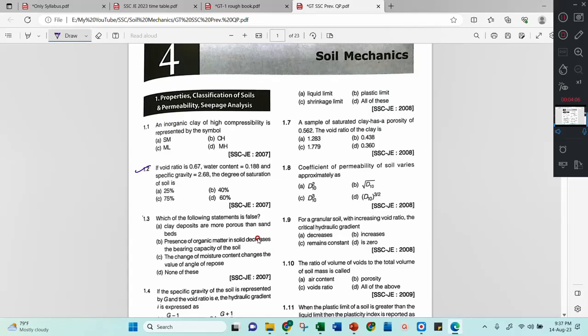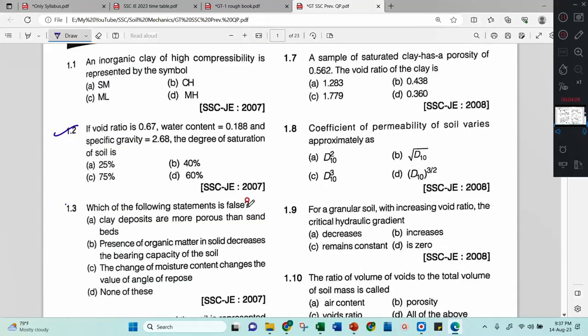Which equation will apply? Void ratio e is given, water content w given, G is given, S is asked. Therefore, we can use the equation eS = wG. Then S = wG/e.